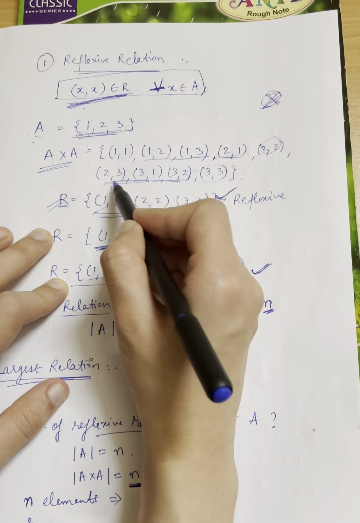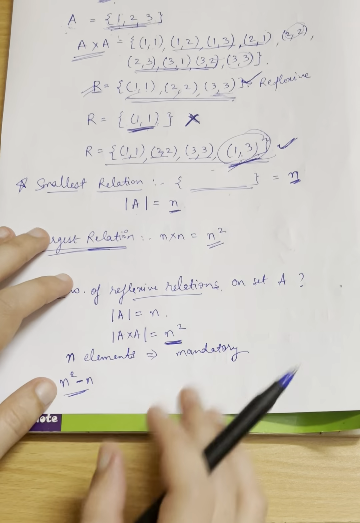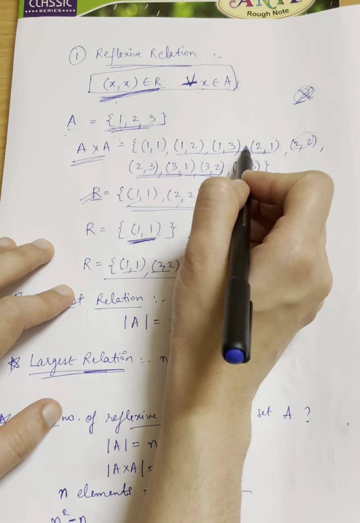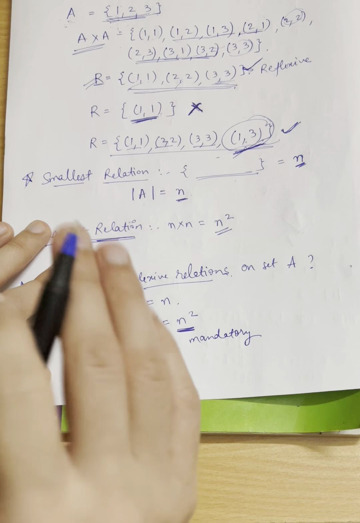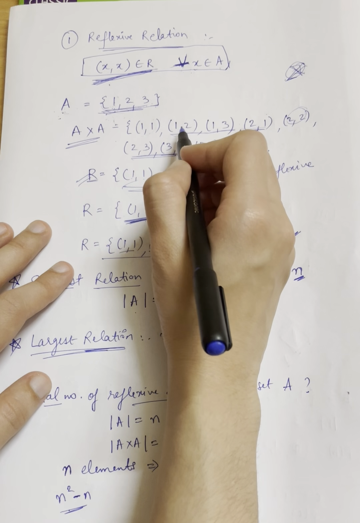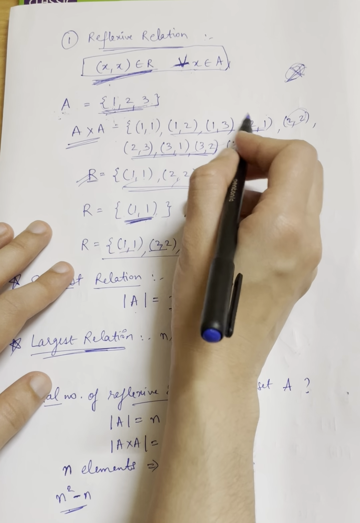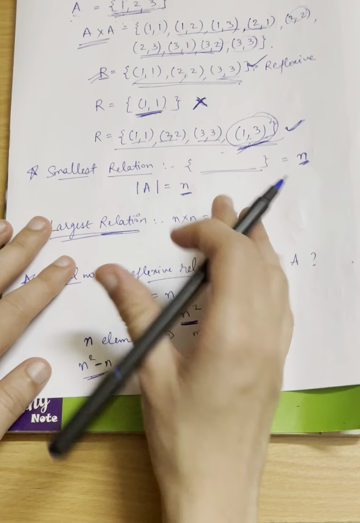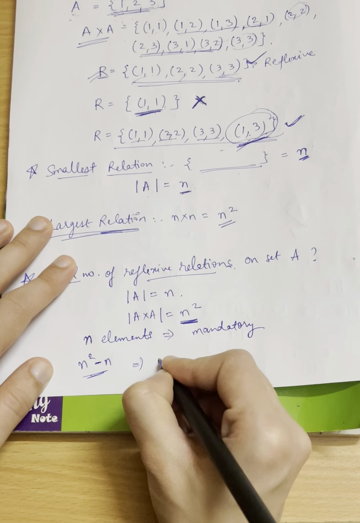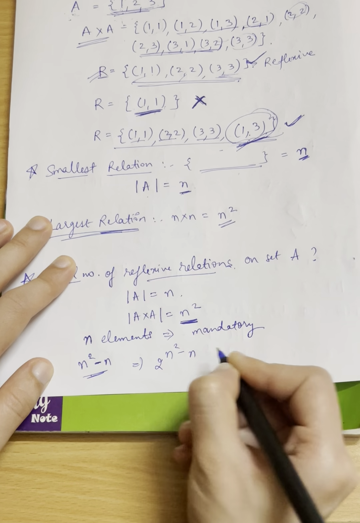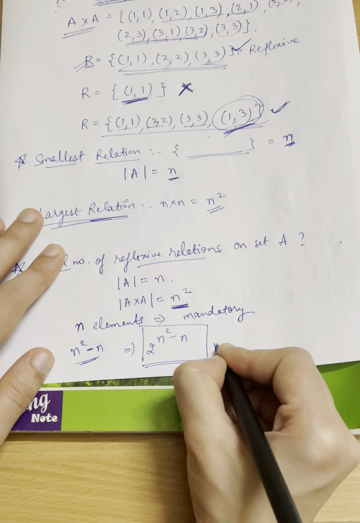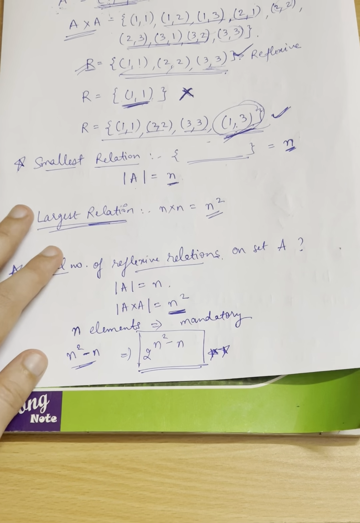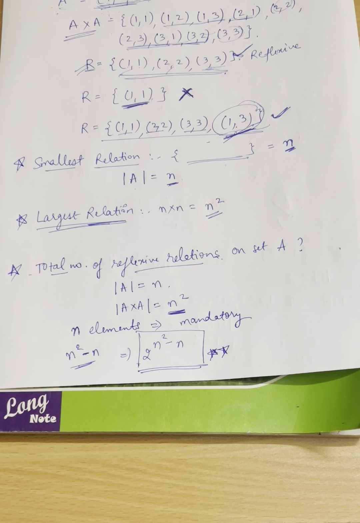The remaining pairs, that is n square minus n, have the possibility of either being taken or not, so every pair has 2 possibilities. So a total of 2 power n square minus n reflexive relations are possible.